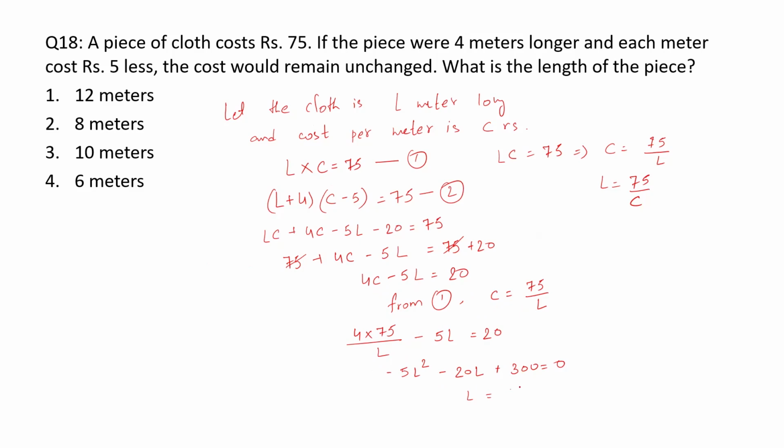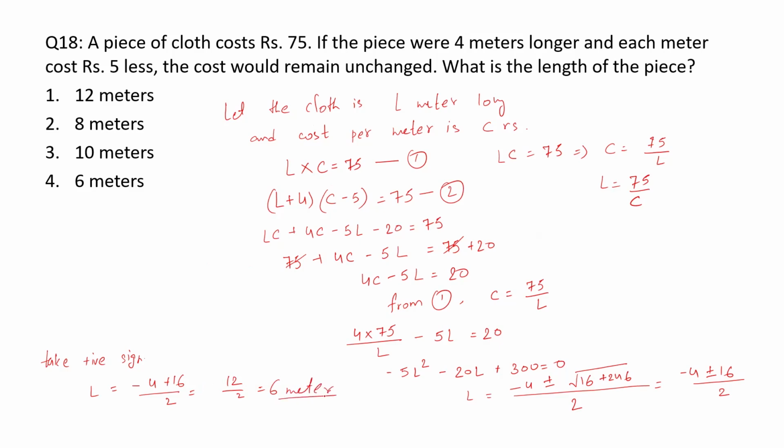Those roots will be minus 4 plus minus under root 16 plus 416 upon 2. Okay, so I'll take positive. So it is minus 4 plus 16 upon 2, and that is equal to 12 upon 2, 6 meters. So the length of the cloth must be 6 meters.